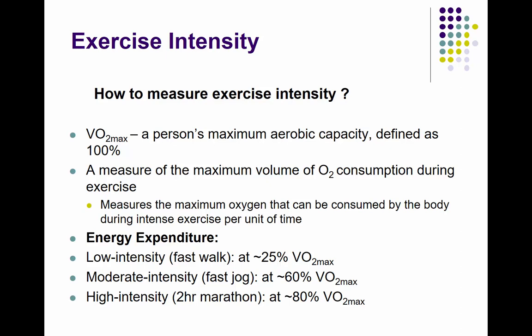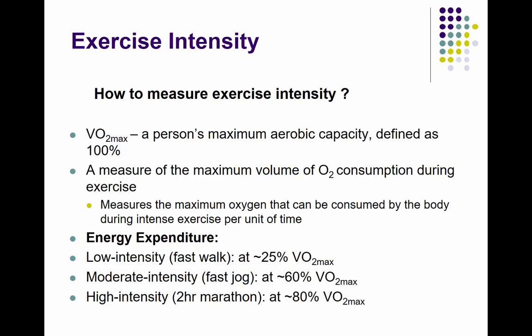Okay, so we usually use VO2 max, volume of oxygen maximum, as the measurement of exercise intensity, because in order to produce ATPs and oxidize energy fuels, you need oxygen, right?